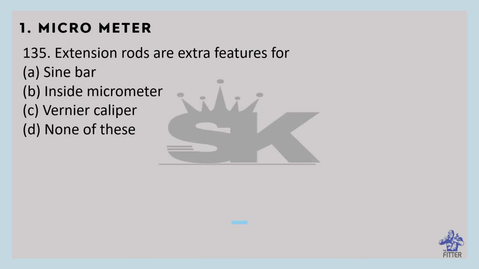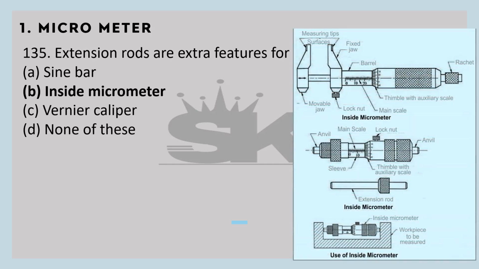Extension rods are extra features for an inside micrometer. This is the extension rod. If we need extra rods for extra dimension, rods can be attached.